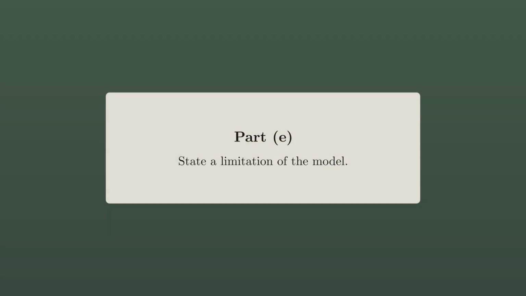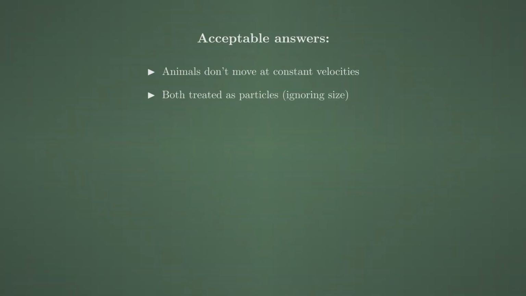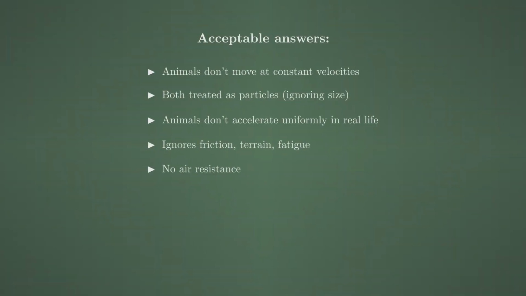Now, this is a question that pops up a lot, especially in Excel. It says, state a limitation of the model. Well, this is just testing your understanding of the actual physics that we're doing here, and there's a wide variety of different things you can say. What I find easiest to say is something like, animals don't move at constant velocities, and also, both are treated as particles, ignoring their size.